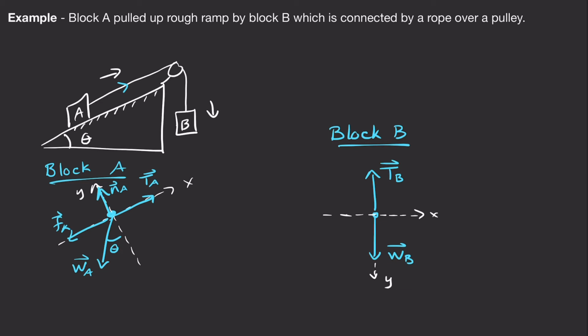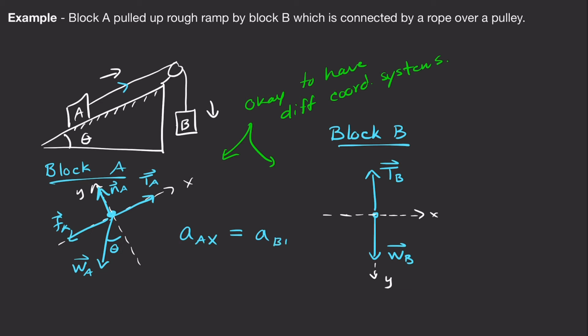That's perfectly okay to have different coordinate systems. In this case, if block A accelerates up the ramp in the x direction, this is going to equal the acceleration of block B in its y direction.